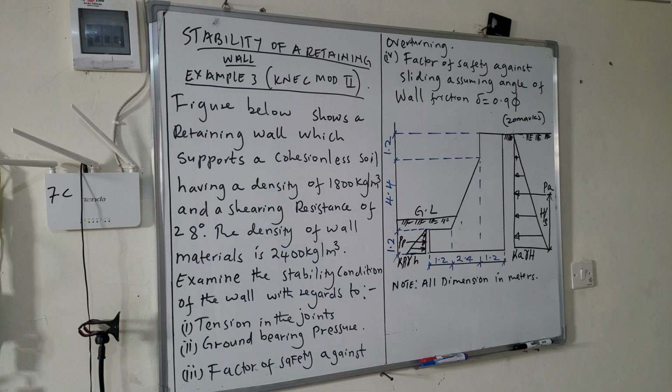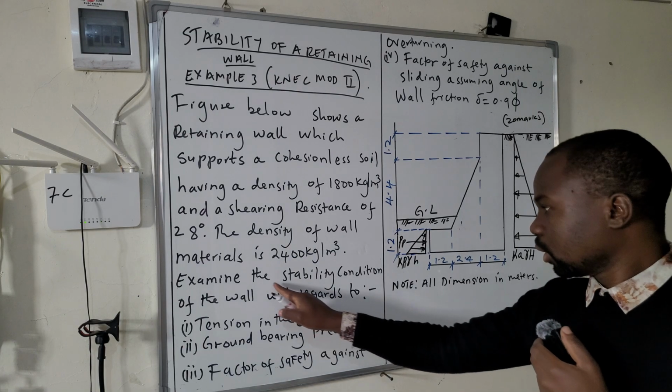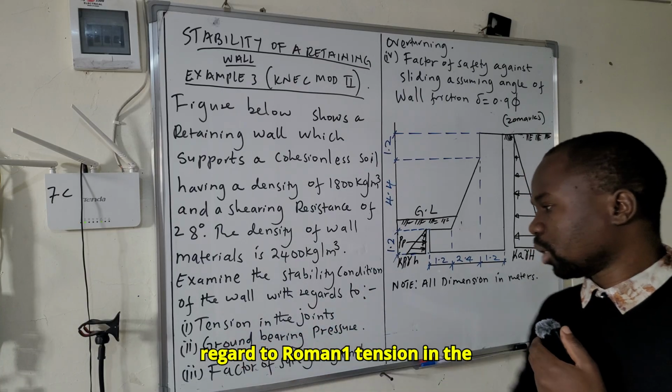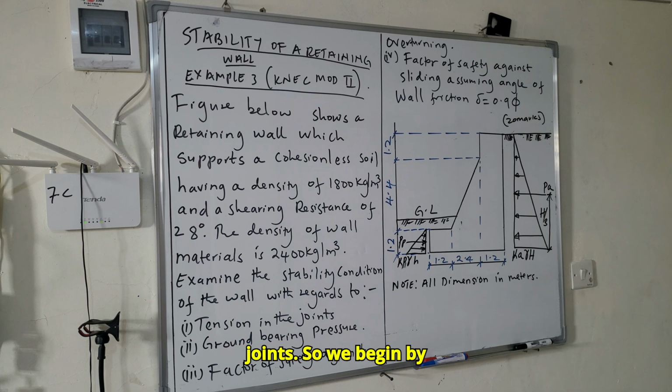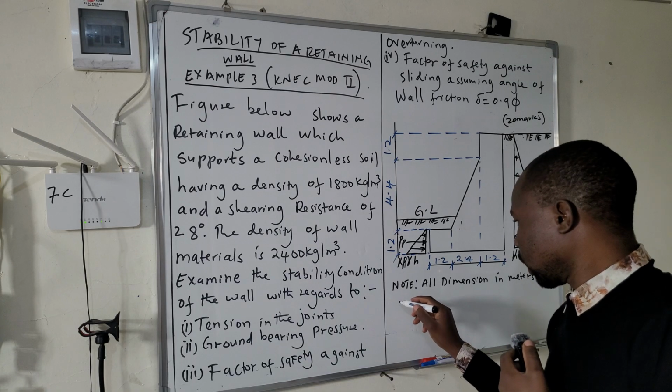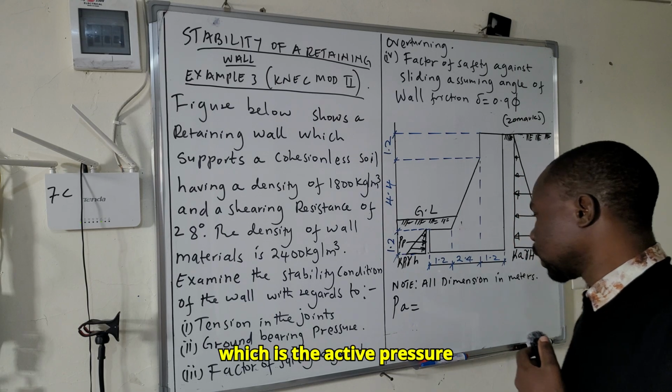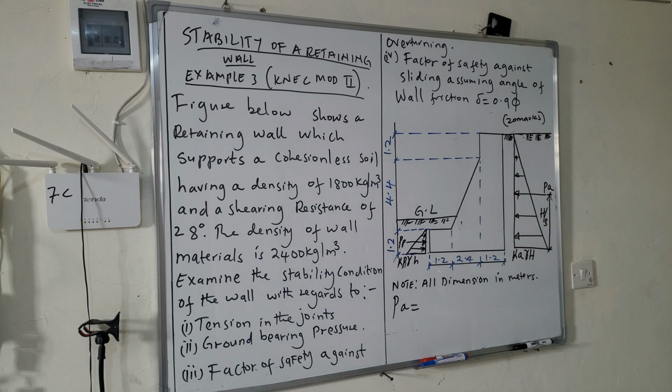The question requires us to examine the stability condition of the wall with regard to Roman 1, tension in the joints. So we begin by calculating the forces acting on this retaining wall. We will begin with PA, which is the active pressure.